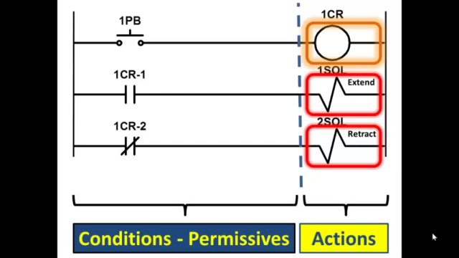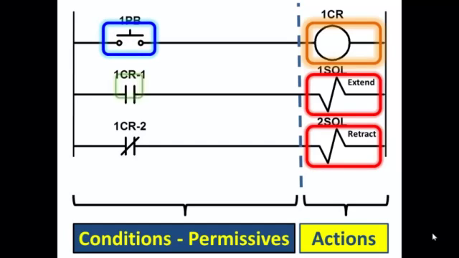So conditions and permissives are always true or false. Don't say on and off. Now you can say 1CR-1 normally open is closed if 1CR is energized. You can't say it's on. You can only say it's closed. It allows continuity. It's never on. None of these conditions or permissives are ever on or off. They're true or false. The actions, on the other hand, are on or off.